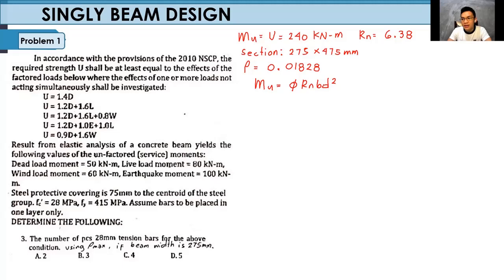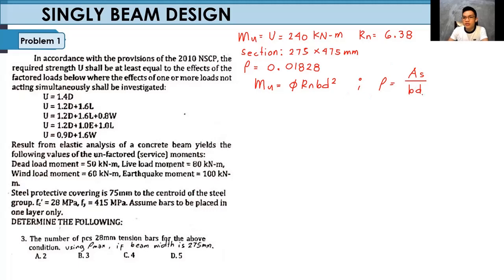Yung depth natin. Diba? So, yung d natin, we need to solve that one using our other formula, which is yung ating rho. Ganito na lang dito. Rho is equivalent to As over bd. Okay?